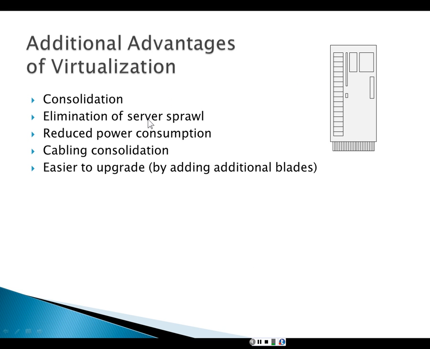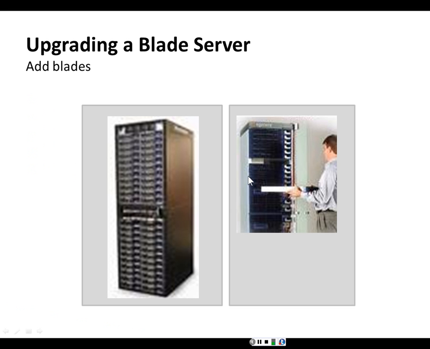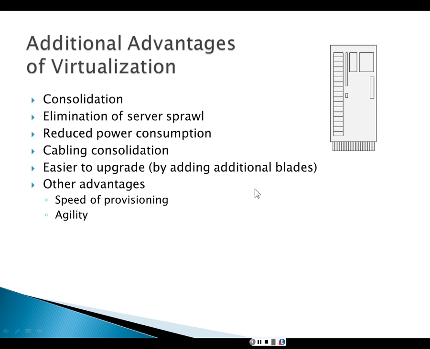This eliminates server sprawl, it consumes less power, it consolidates the cabling, and it's easier to upgrade. Meaning, to upgrade an ESXi host, to upgrade a blade server, all you have to do is buy another blade and slide it in place. Other advantages of virtualization include speed of provisioning and agility, and we will talk about that later in the course.